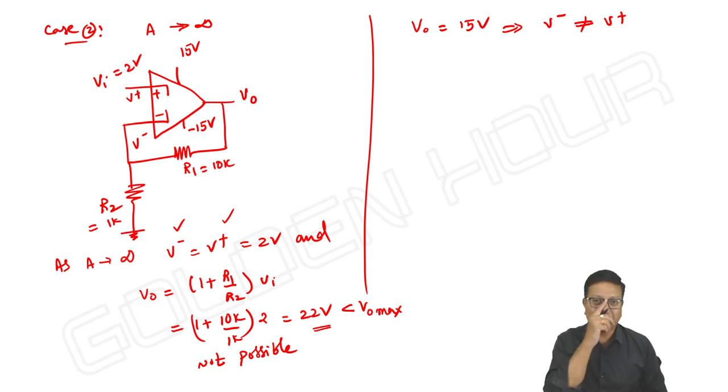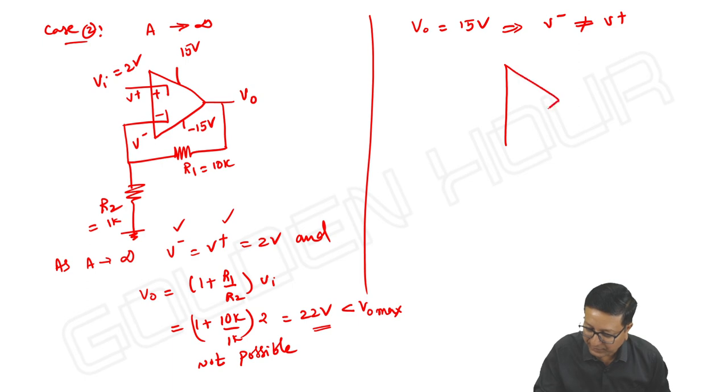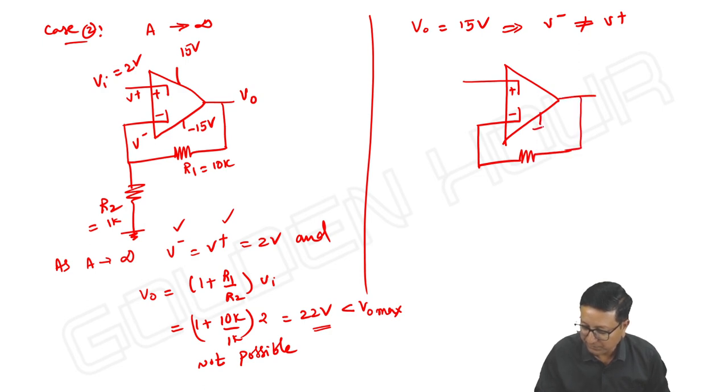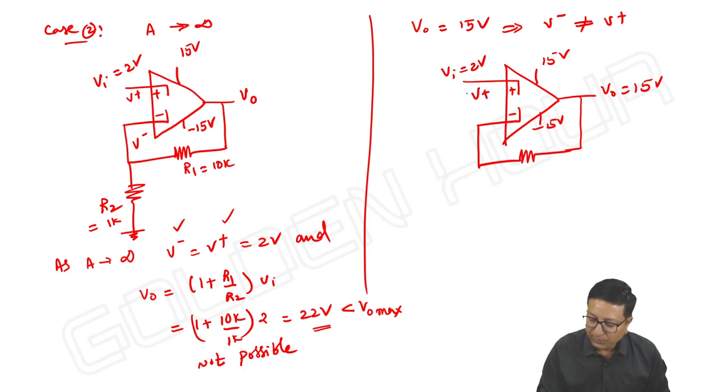What is that value of V minus? For that, again, I am redrawing. V plus is 2 volts only.